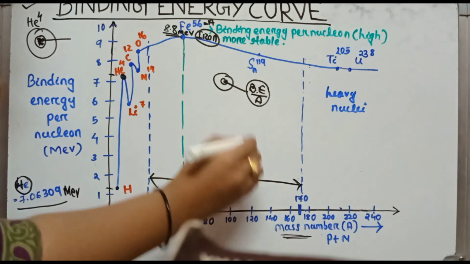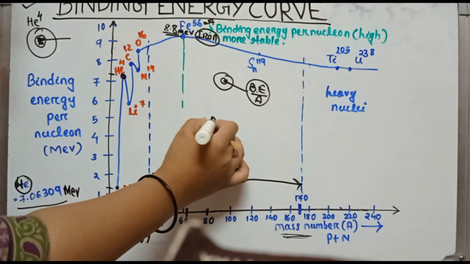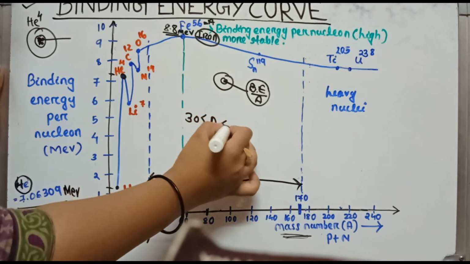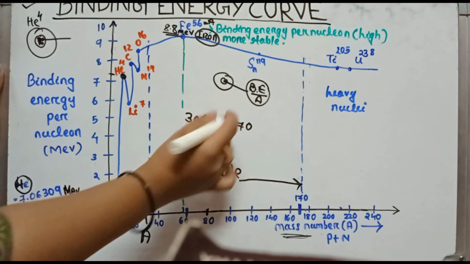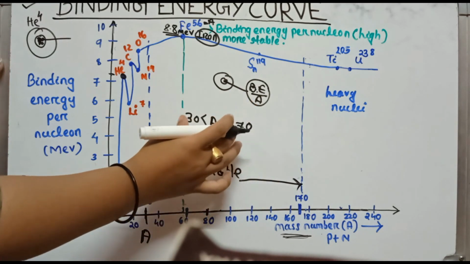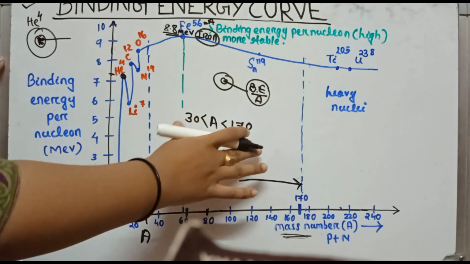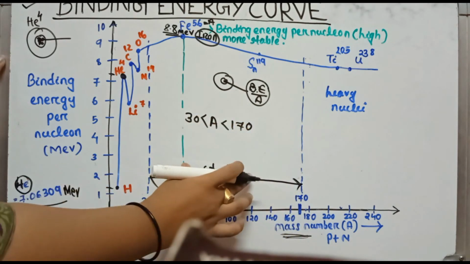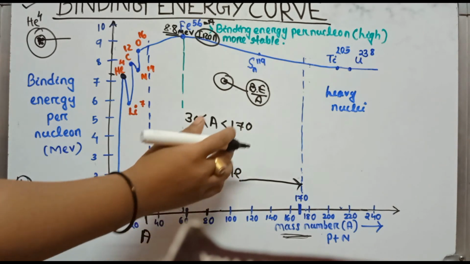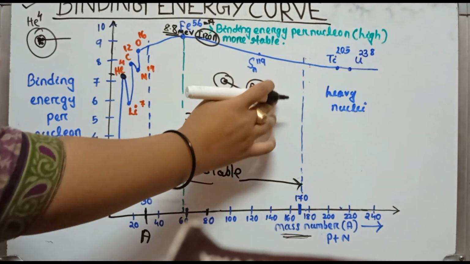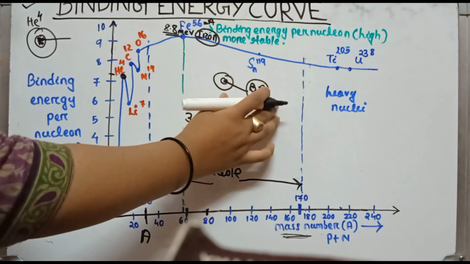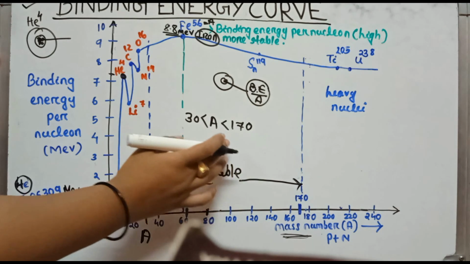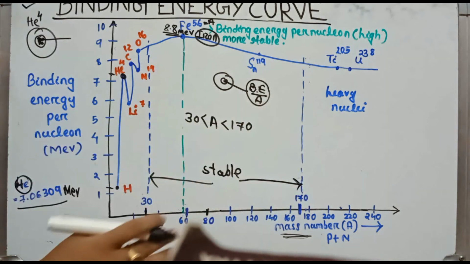Elements with mass number greater than 30 and less than 170, those present in between 30 to 170, have a high value of binding energy per nucleon. So, these elements are more stable compared to the others.